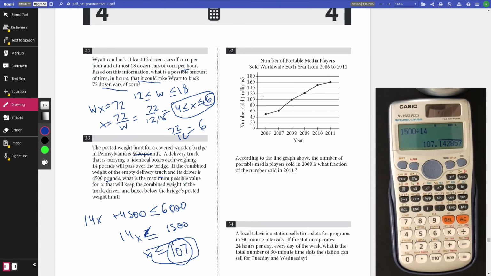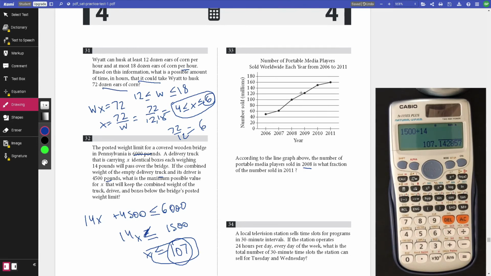Number 33. Observing this graph, what is the number of players sold in 2008? Is what fraction of the number sold in 2011? So we're making a fraction.